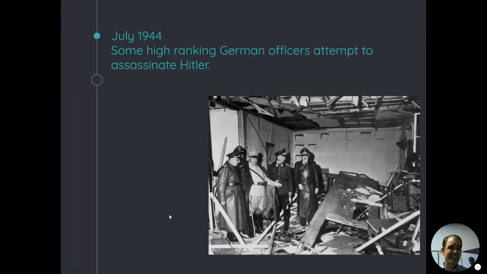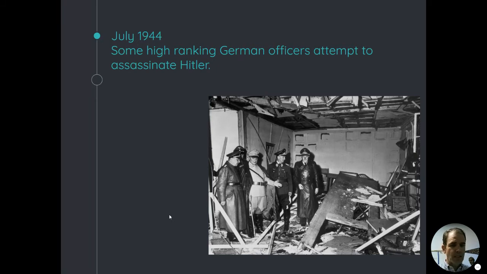In July of 1944, some high-ranking German officers attempt to assassinate Hitler. Hitler's having a meeting in a bunker, and one of those high-ranking officers brings a bomb into the bunker. And the only thing that saved Hitler's life in that bombing was the fact that someone had opened a window. Had that window been closed, it would have contained the blast enough to kill everyone in the room.